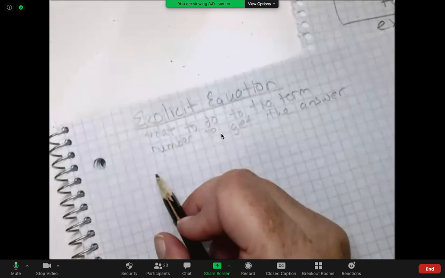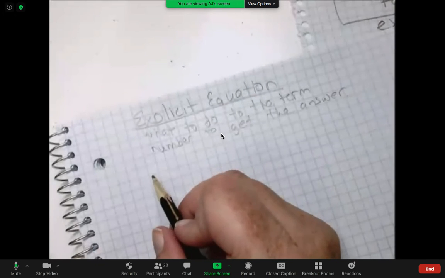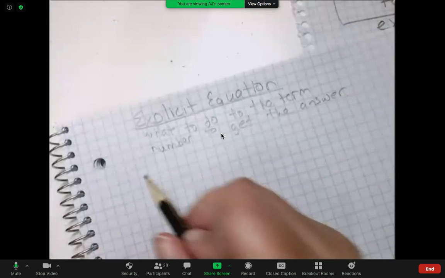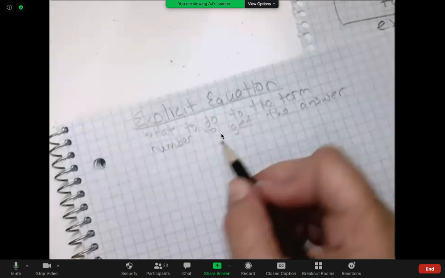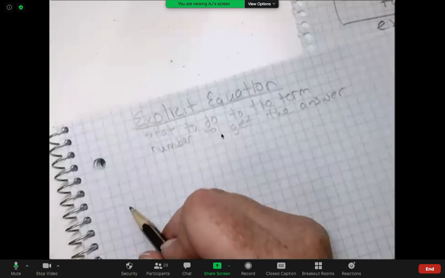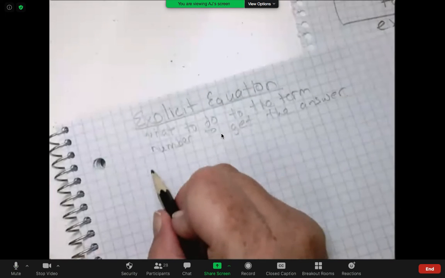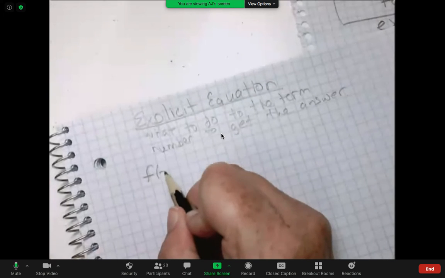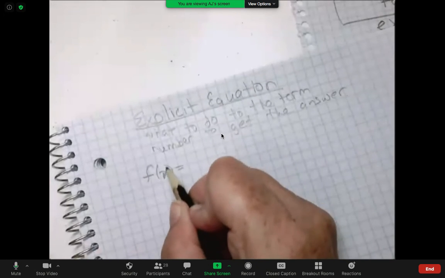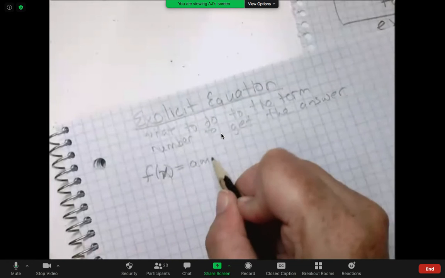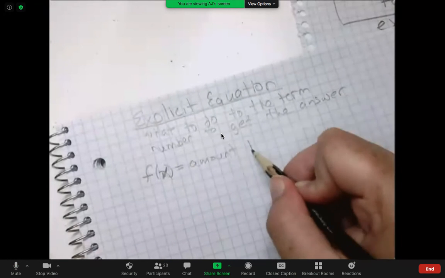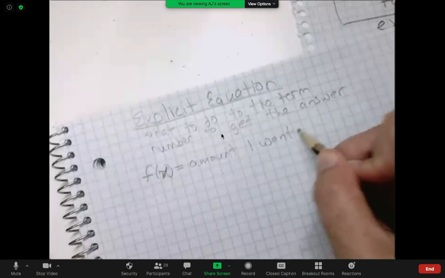So in this case, I'm going to use X's. Really, I could keep using N's, but I think it makes the memorizing easier if we use X's for these and N's for the other one, though honestly, it doesn't matter. So I'm going to write f of x, that's an x, and that's the amount I want to find, or the output. So this is the answer.